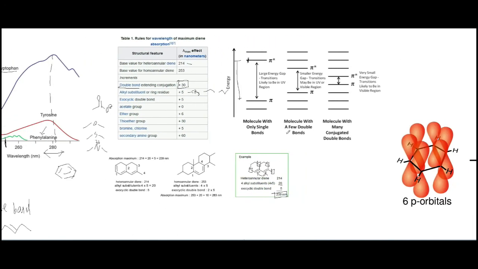Then if we start adding double bonds, we start closing this gap in energy. So less energy, lower frequency, longer wavelengths. Then when we have these conjugated double bonds, there's very little difference between the electron in its ground state and the electron in its excited state, such that when it falls back down, it releases energy as light.